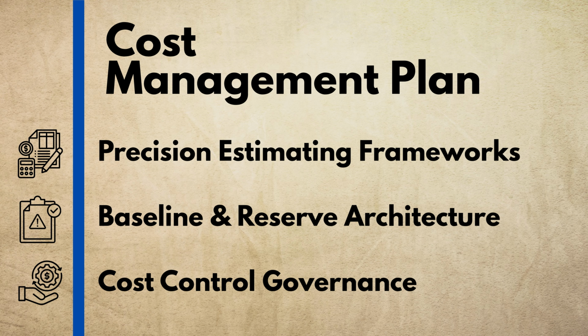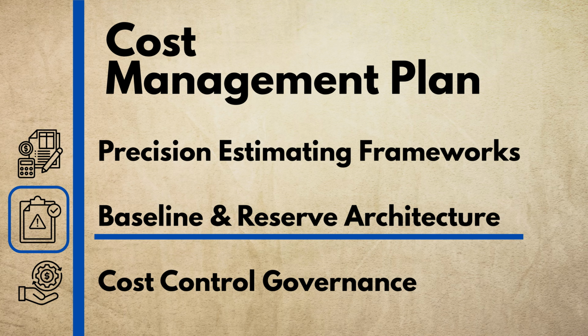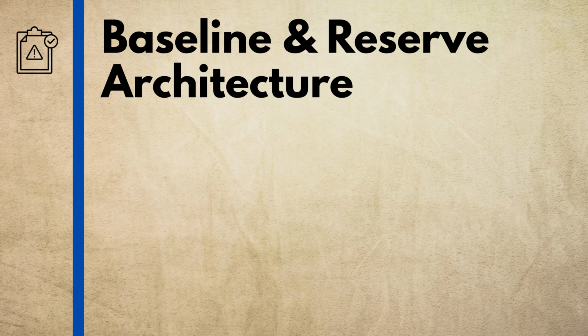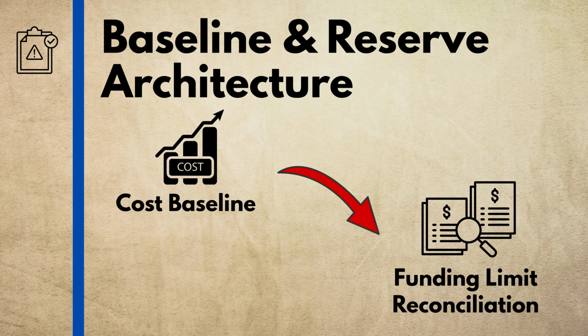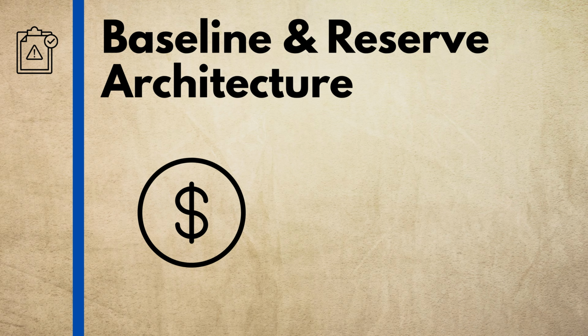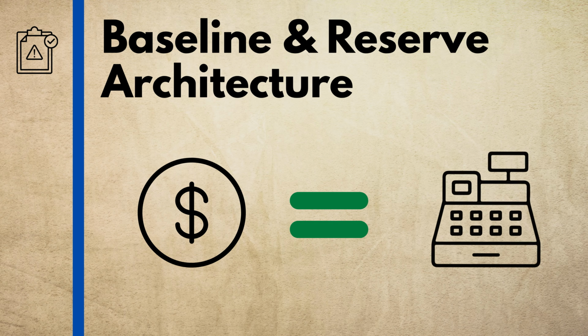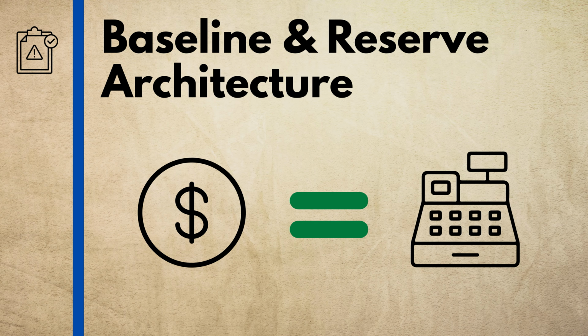The second pillar of the cost management plan establishes baseline and reserve architecture. This dictates how the cost baseline is structured and enforces funding limit reconciliation, so project expenditures align with organizational cash flow limits.